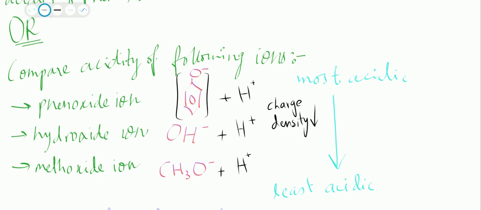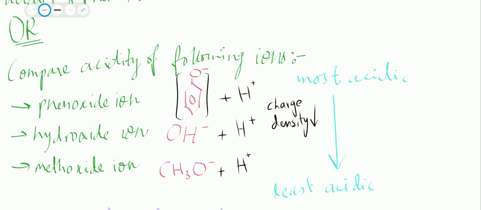The charge density over here is less because the charge is spread over a larger area. That's why this hydrogen ion and this phenoxide ion, they won't be attracted to each other that much.